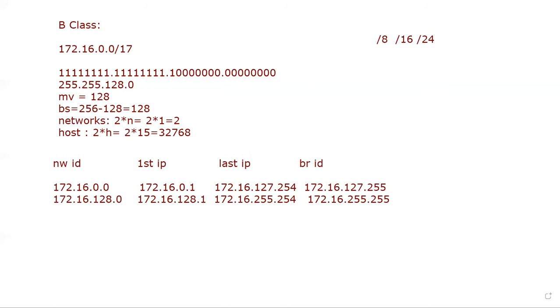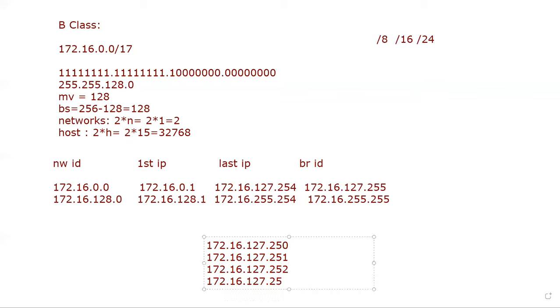When we are writing like this, 172.16.127.250, after that 251, 252, 253, 254, 255. After this, we are not writing like this. We have to write 0 here, and after that 128 will be there. So you can divide it like this.